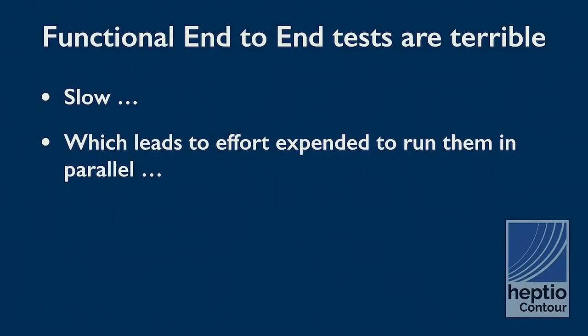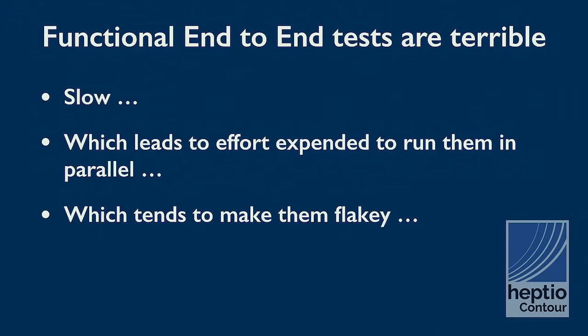They are the slowest tests. And that almost universally leads to effort expended to make them run in parallel. People are like, these tests are so slow, what can we do to either reuse the MongoDB that was spun up from the last one and clean it somehow, or just try and make them run in parallel? And what that generally tends to do is just make them unstable.